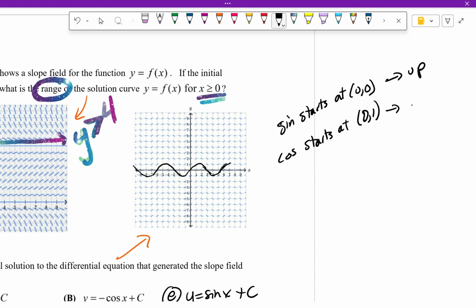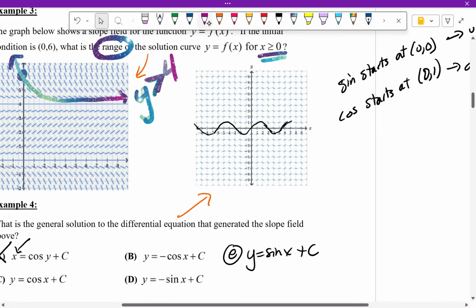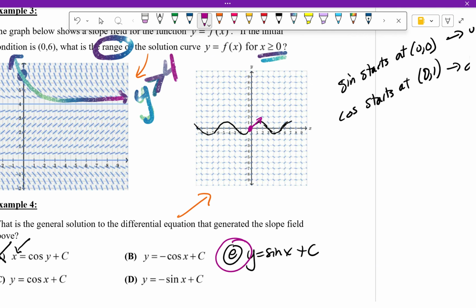Cosine should go down first. We'll look at a cosine graph in a minute just to refresh our memory. So what's going on here? Is it starting at 0, 0, or is it starting at 0, 1? It starts at 0, 0. Is it going up first or down first? Up. So it has to be positive sine.